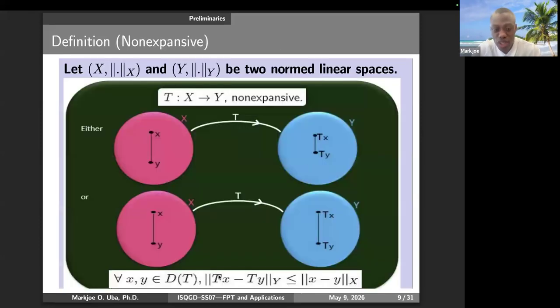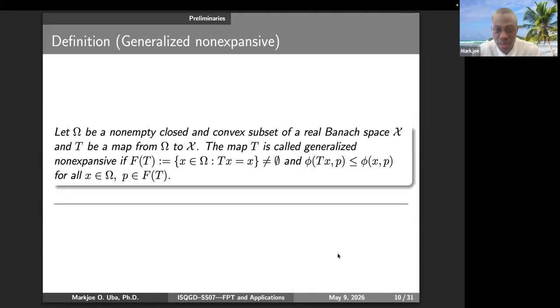The regular non-expansive condition says the norm in Y is less or equal to the norm in X. But if we are in just an arbitrary normed space, then to study this generalized one, instead of using that norm, we use this Lyapunov functional. So we have phi of Tx comma p less or equal to this. This is what we call a generalized non-expansive map.